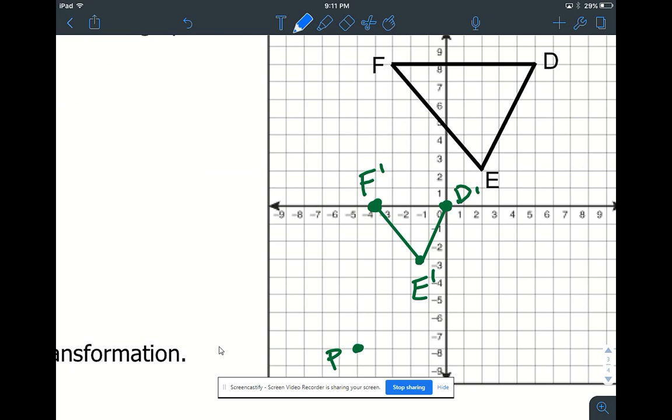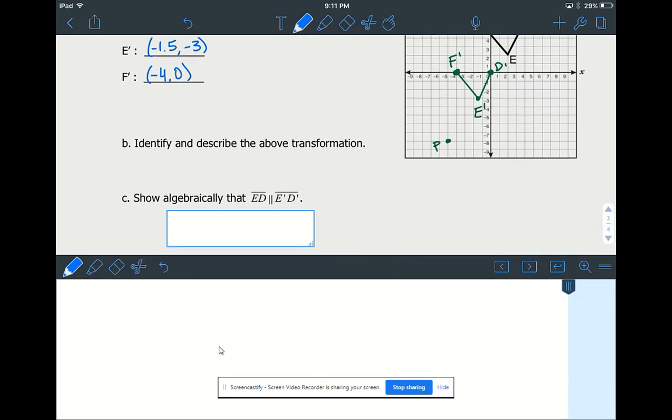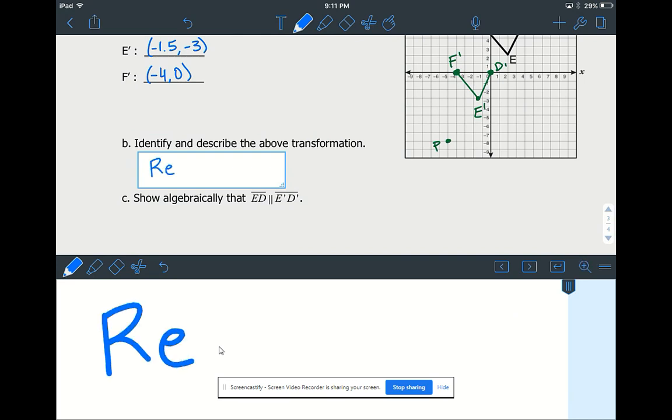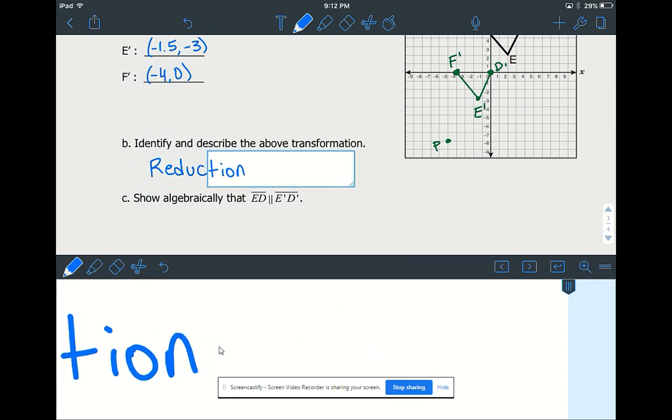All right. Now we have a couple questions to answer. Part B, identify and describe the above transformation. First off, it was a reduction because we cut it in half. So identify, it's a reduction, and describe it.